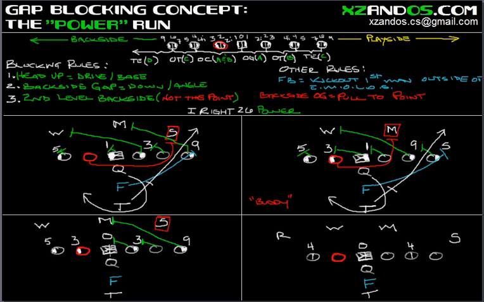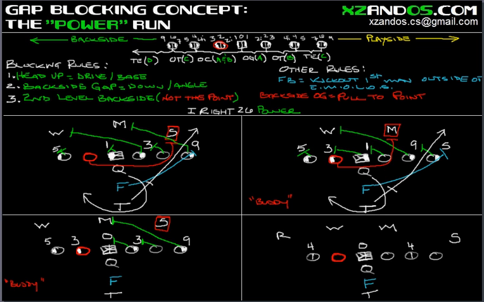The center is responsible for 2 gaps. Again, here we might get that buddy call, like I discussed earlier, to let the center know that we do have a 3 technique sitting in that backside gap.